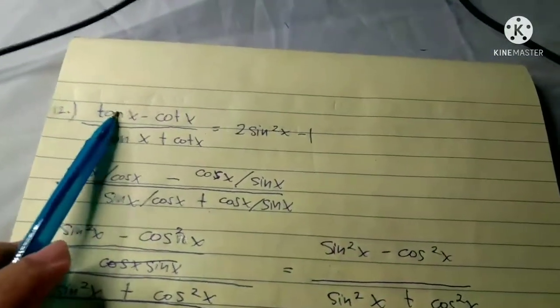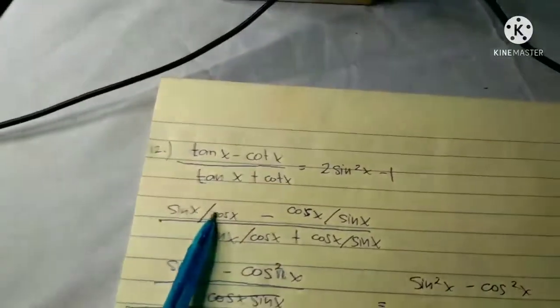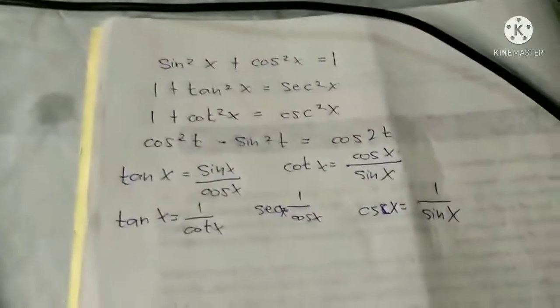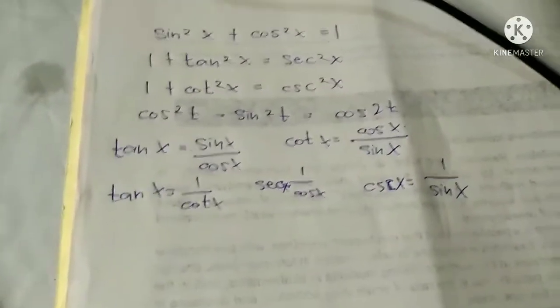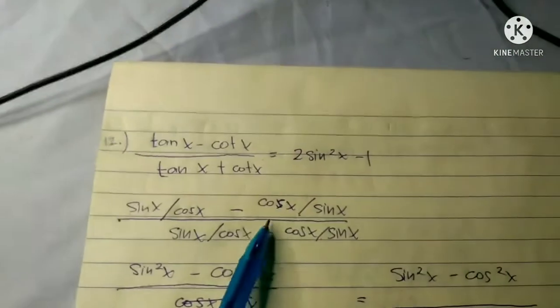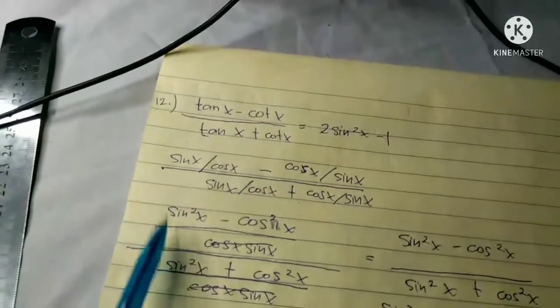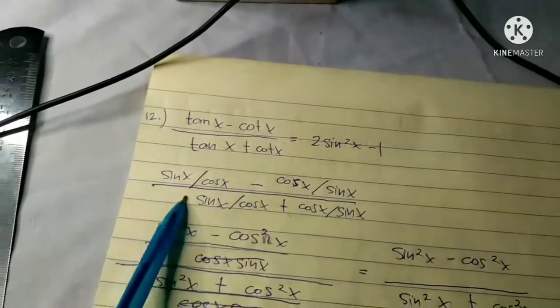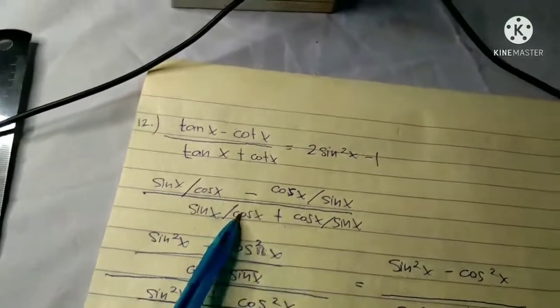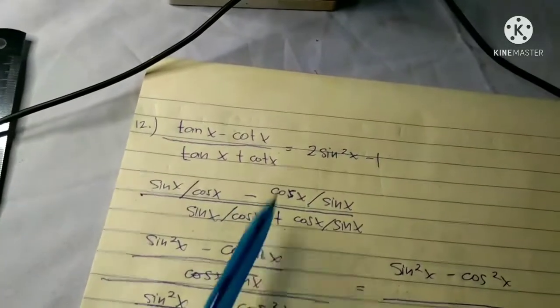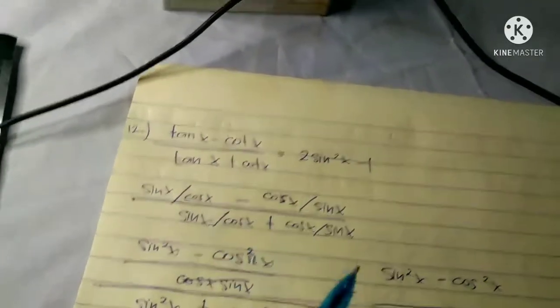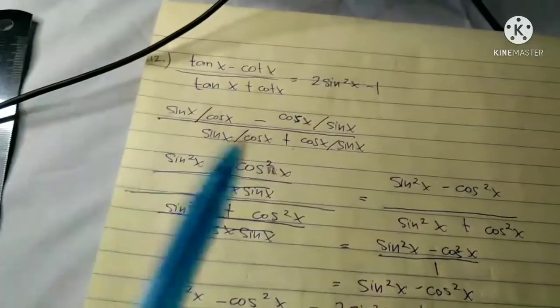So our tangent x here, as you can see, is equal to sine x over cosine x, and our cotangent x is equal to cosine x over sine x. So you can write cosine x over sine x here over our tangent x again, sine x over cosine x, plus our cotangent x, which is equal to cosine x over sine x.